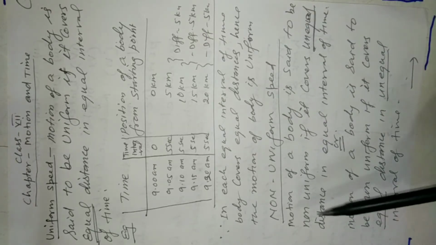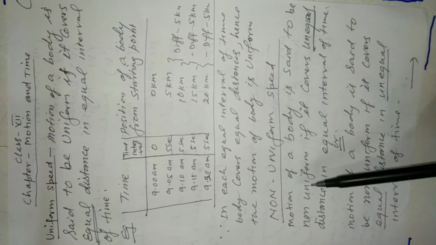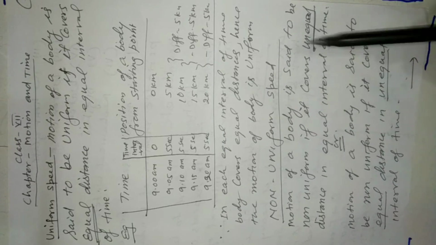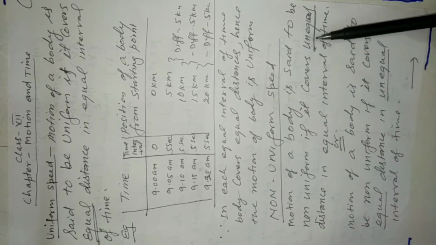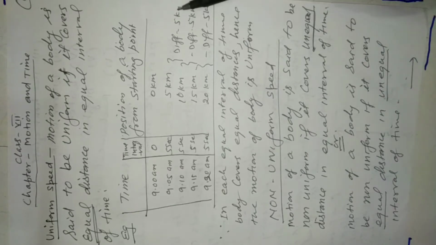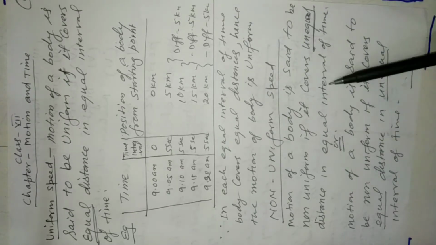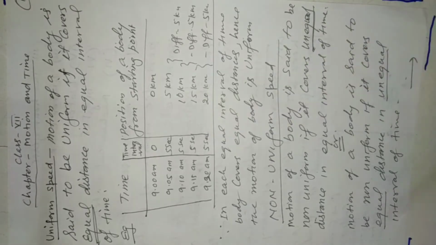Similarly we can define non-uniform speed. The motion of a body is said to be non-uniform, or the speed of a body is said to be non-uniform, if it covers unequal distance in equal intervals of time, or you can define it in another way: the speed or motion of a body is said to be non-uniform if it covers equal distance in unequal intervals of time.